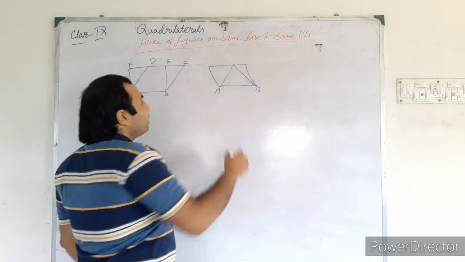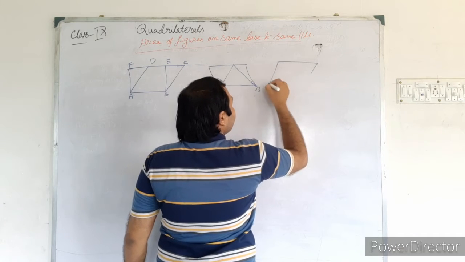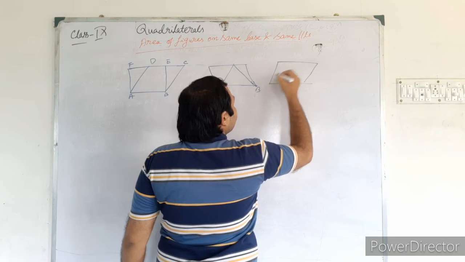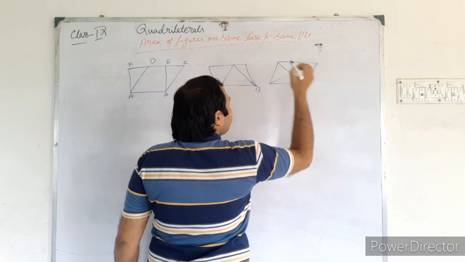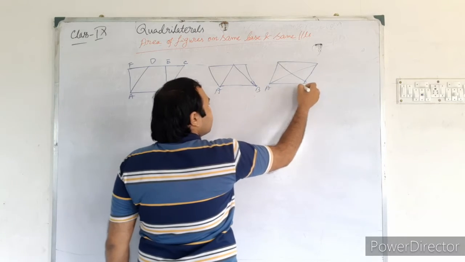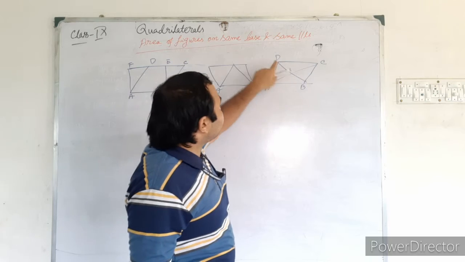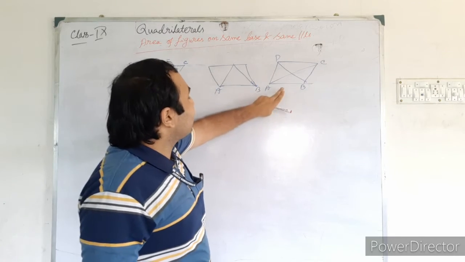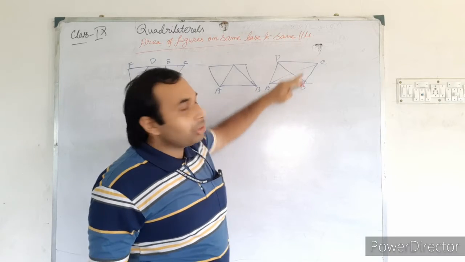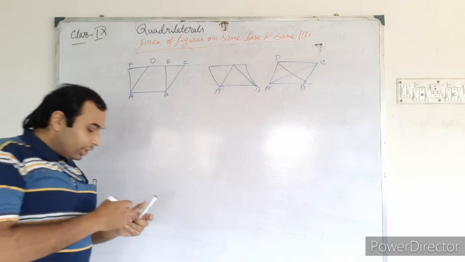This type of figure can be there. Another figure can be there: just see, those two triangles, this is AB, this is C, this is D. The triangle ABD and the triangle ABC are at the same base AB and in between the same parallels AB and CD. So those types of figures are there.